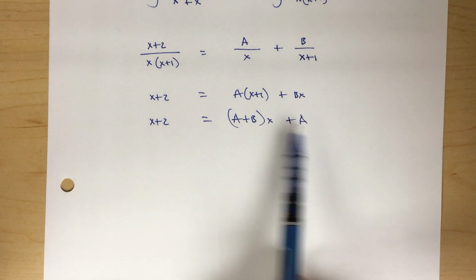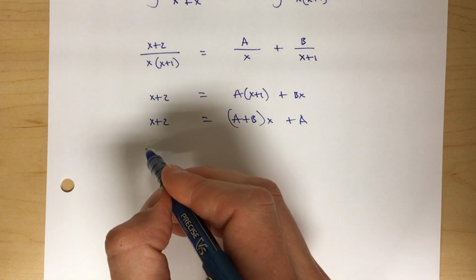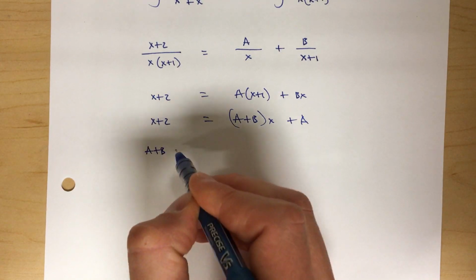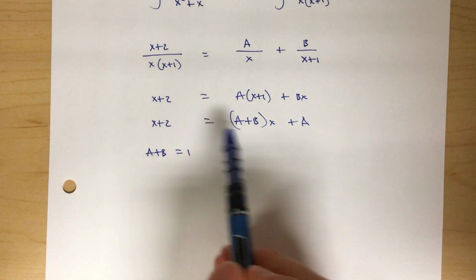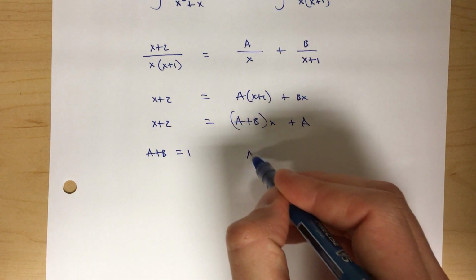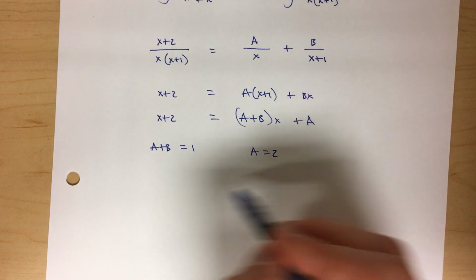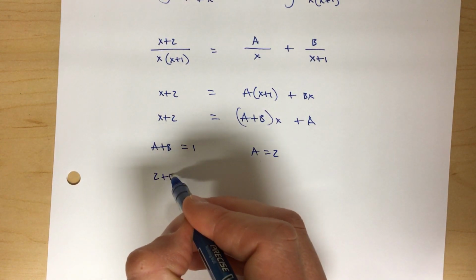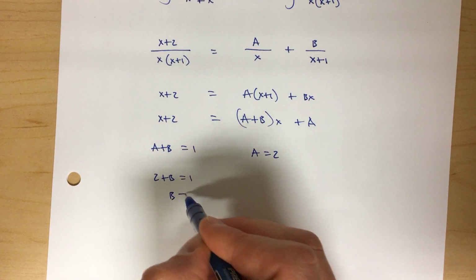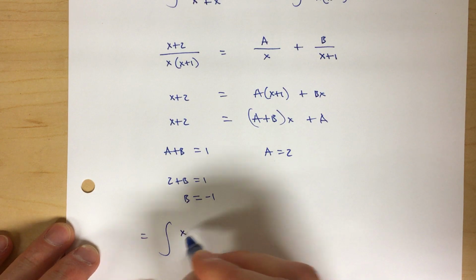So now I can basically see what needs to be equal. So I can basically say, you know what? a plus b needs to equal 1, because the coefficients of x need to be the same. And a needs to equal 2, because the constants need to be equal. Plugging in, 2 plus b equals 1, b equals negative 1.